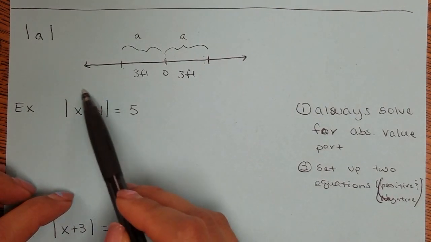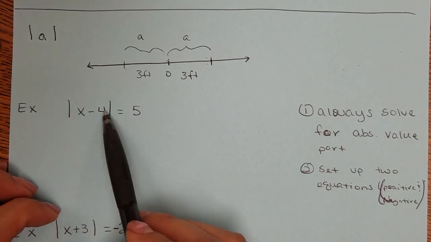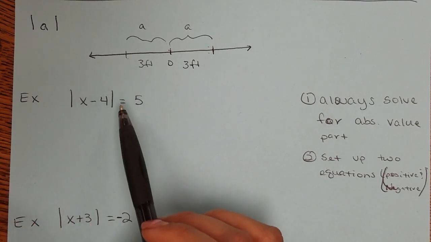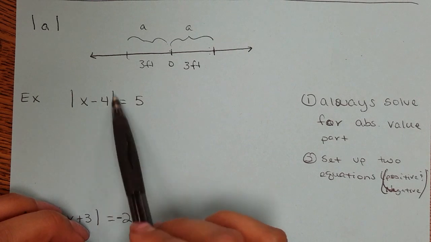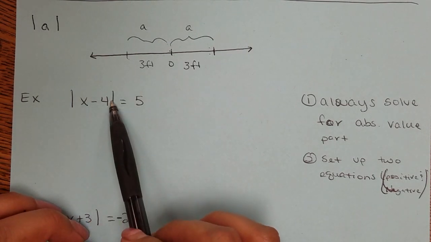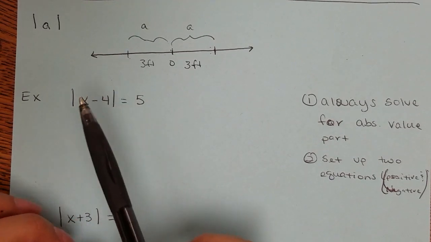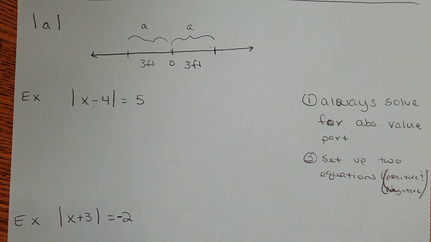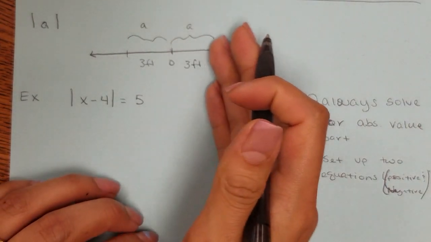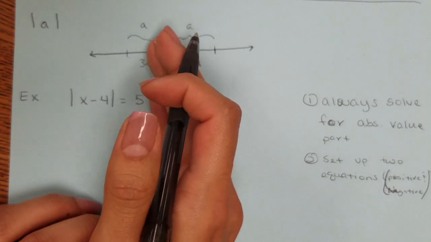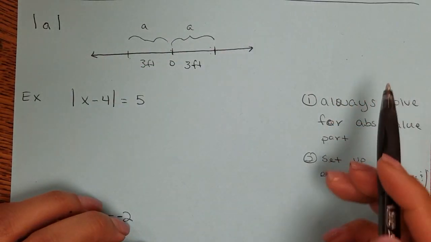So you're trying to get this by itself. You might have numbers over here or numbers over here. You want to get rid of those first. And then once you get the absolute value part of the equation by itself, you're going to set it up into two equations, one for the positive direction of 0 and one for the negative direction of 0.